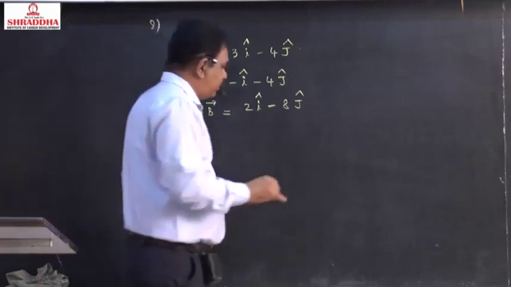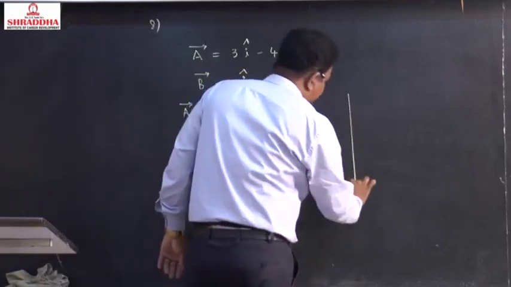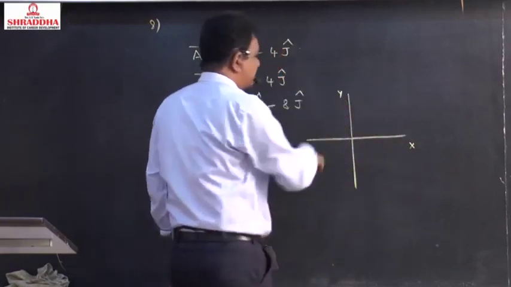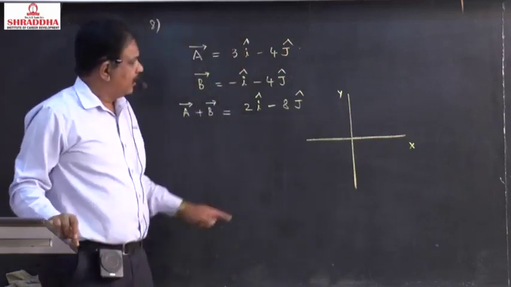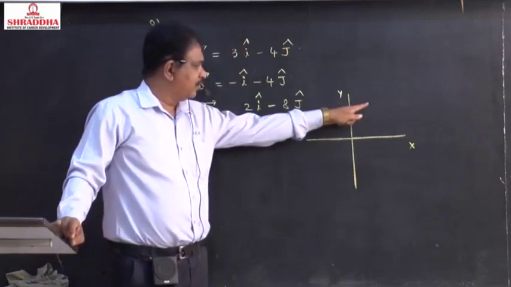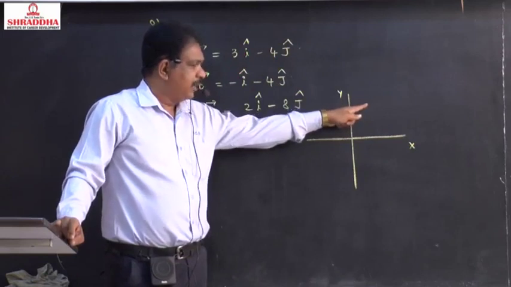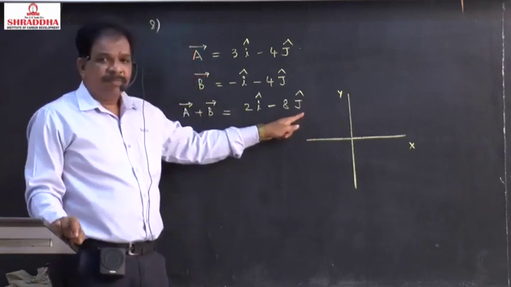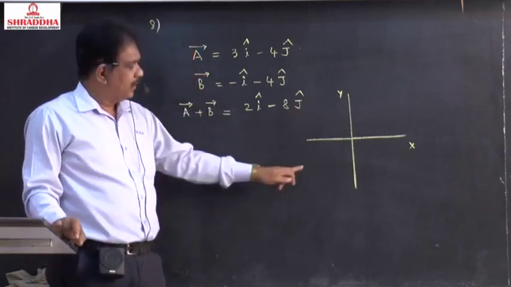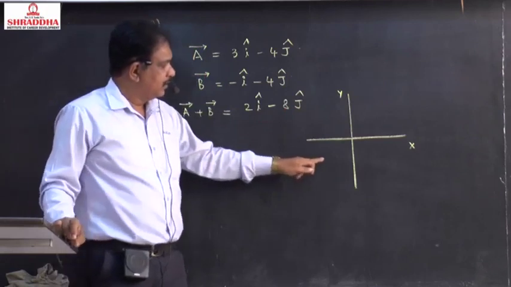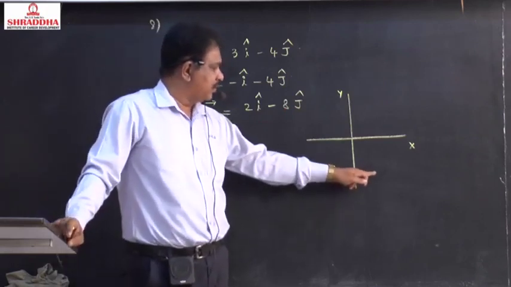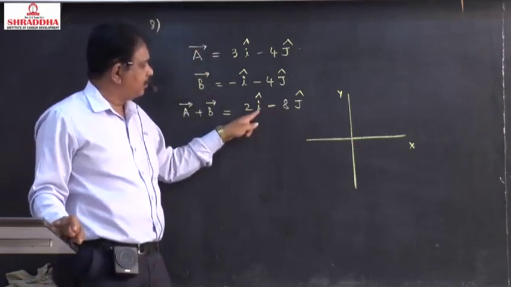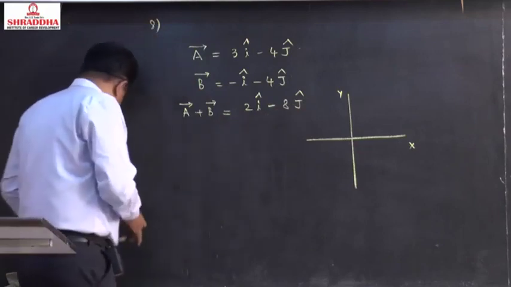Clear? So if we represent that vector in the coordinate system, this is the x-axis, this is the y-axis. Here, what will we get? Both will be positive, x positive, y positive. This side, what will we get? Minus x, minus y, here both are minus. Here on this side x is positive, y is negative: x is I cap, y is minus J cap.